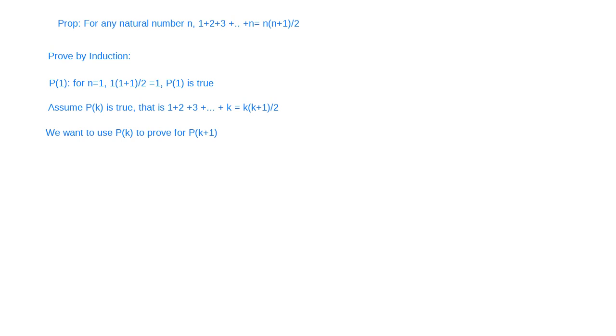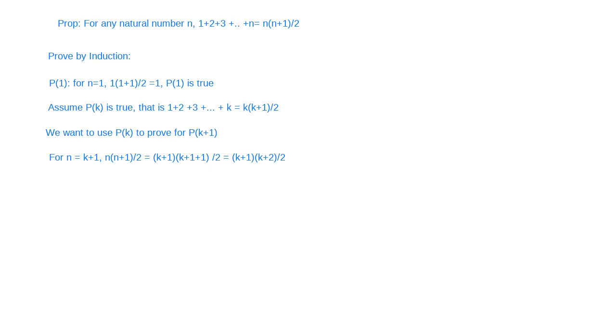Let's simplify a little bit. That equals k plus 1 times k plus 2 divided by 2. So we want to prove P of k plus 1 is true, which means we want to show 1 plus 2 plus 3 plus up to k plus k plus 1 equals k plus 1 times k plus 2 divided by 2.